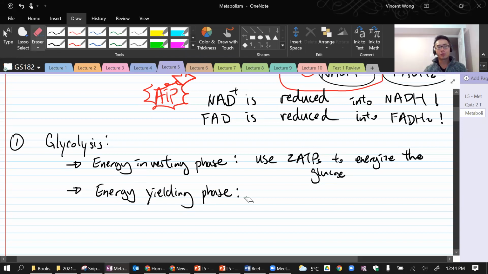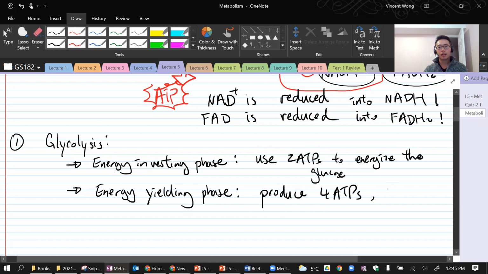So in the energy yielding phase, step number 6 to 10, you will produce 4 ATPs. You will also be releasing electrons, and those electrons will be captured by NAD plus.